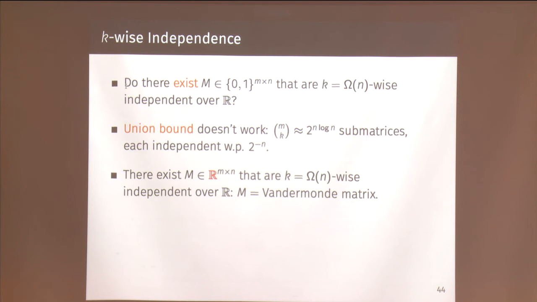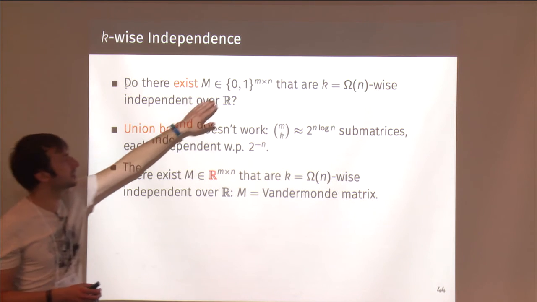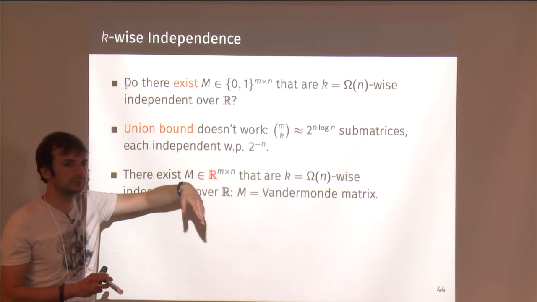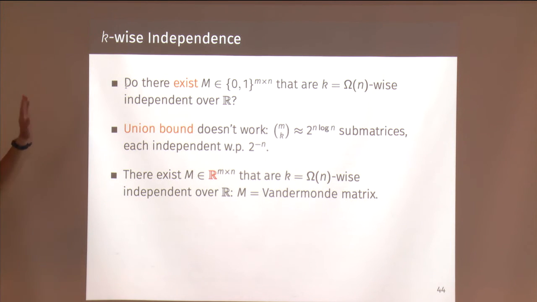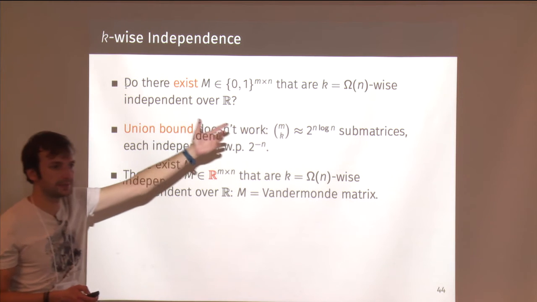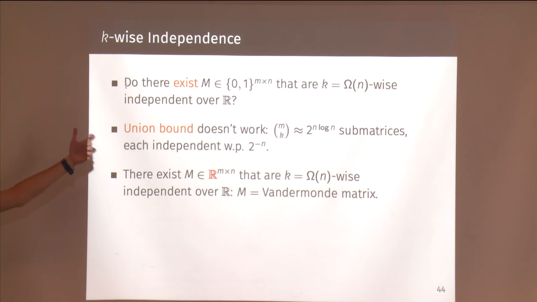I just want to note that if we didn't require the matrix to be 0, 1, it's super easy to get n-wise independence. Take Vandermonde or any Fourier matrix, anything. They're completely n-wise independent. But we want all entries to be zeros and ones. I can take an error correction code over F2, it will be 0, 1.